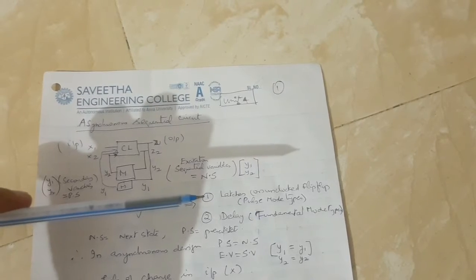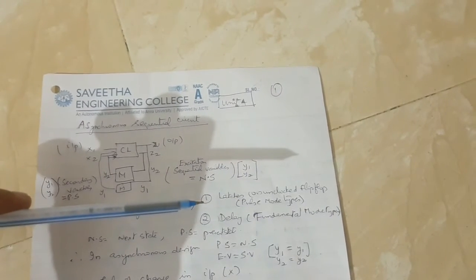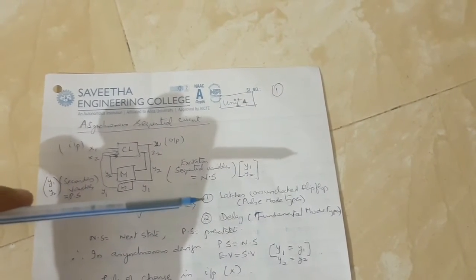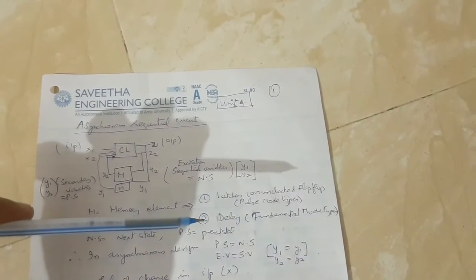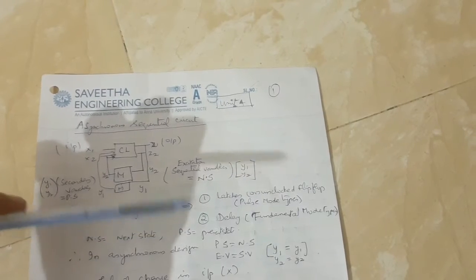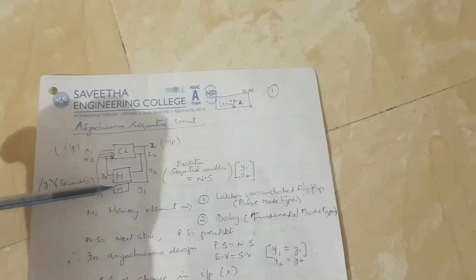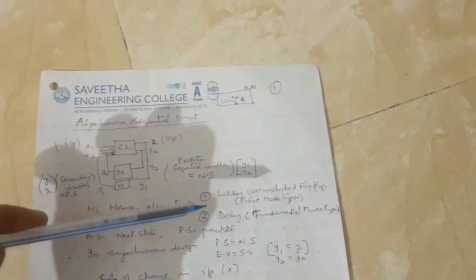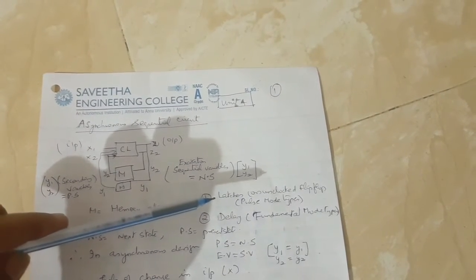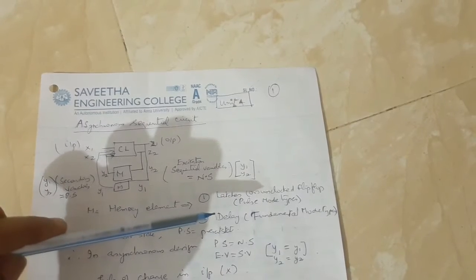One, the memory element can use a latch element, which is an unclocked flip-flop, or it can use a delay network. A delay network is nothing but the direct connectivity from output to input. If it is a latch, you can use either an SR latch or a D latch.